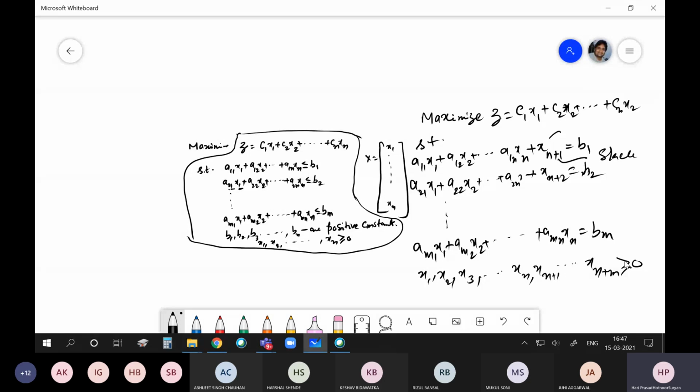We also add the slack variables in the objective function: plus cn plus 1 into xn plus 1 plus cn plus 2 into xn plus 2 plus cn plus m into xn plus m. What about the values of these coefficients?